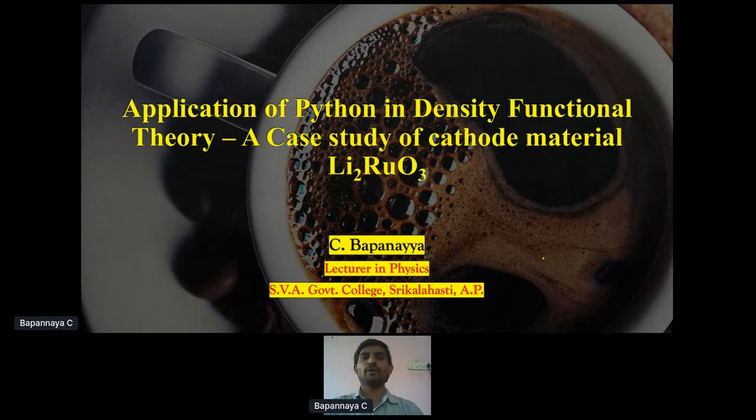Hello everyone. Good morning. Namaskaram. Here is C. Bapanaya, lecturer in physics from SVA Government Degree College, Srikalahasti, Andhra Pradesh. Today I am going to talk about application of Python in density functional theory with a case study of a cathode material, lithium ruthenium oxide, Li2RuO3.